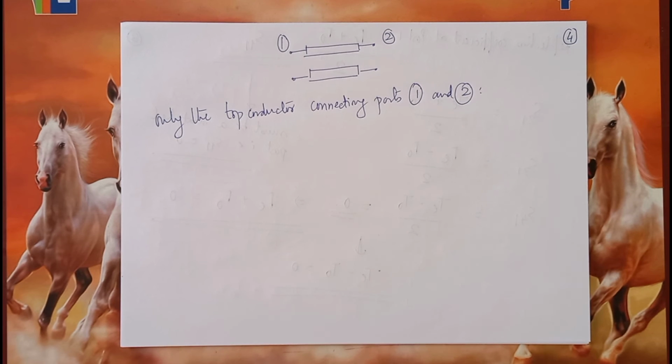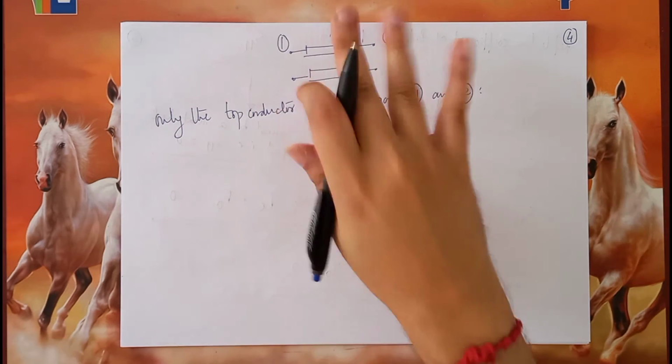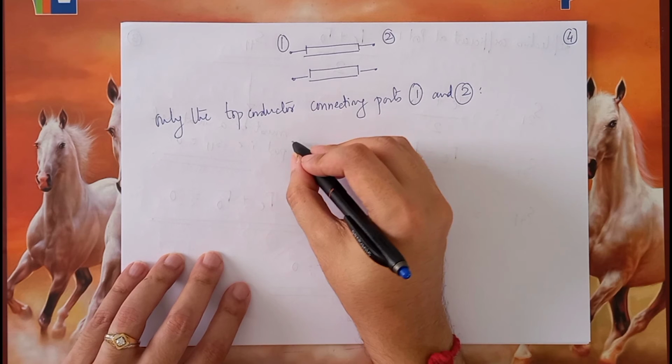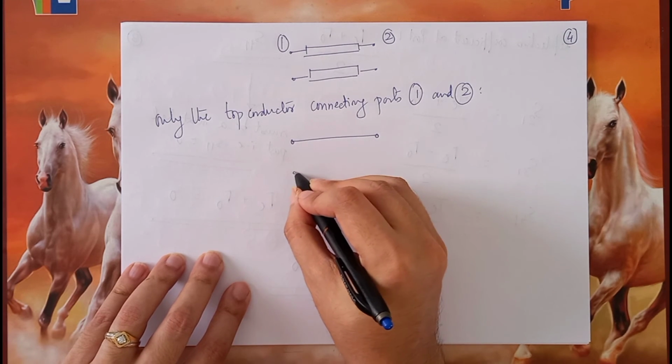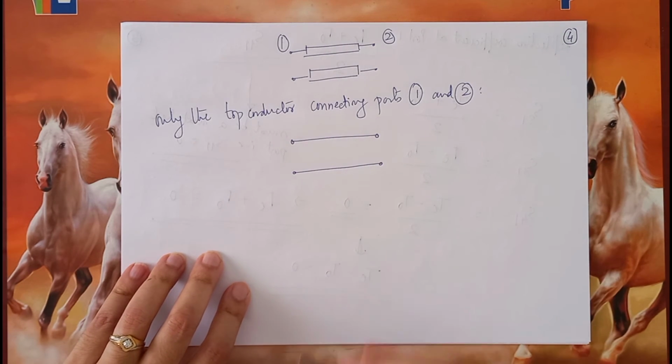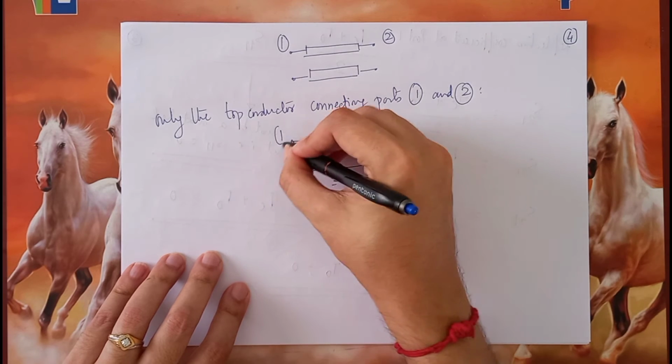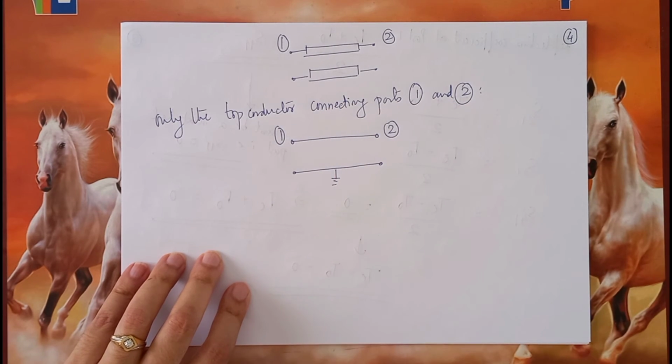So here what happens? If I look at this and treat it as a transmission line, it would look something like this. Port 1 and port 2. What would be the characteristic impedance? There is no single characteristic impedance.